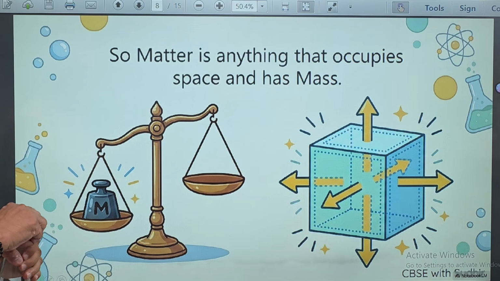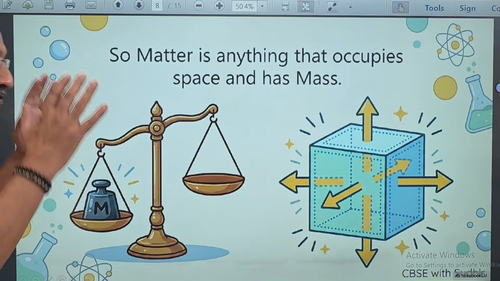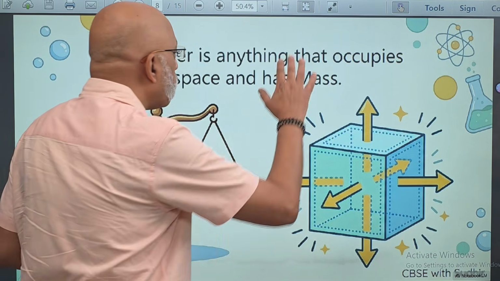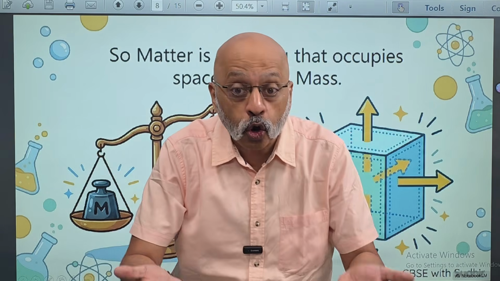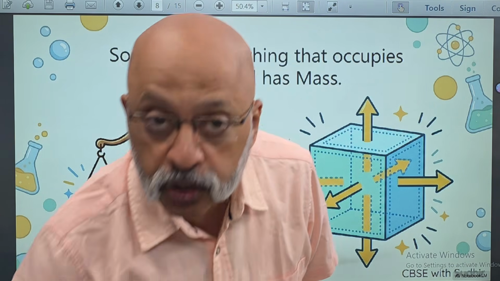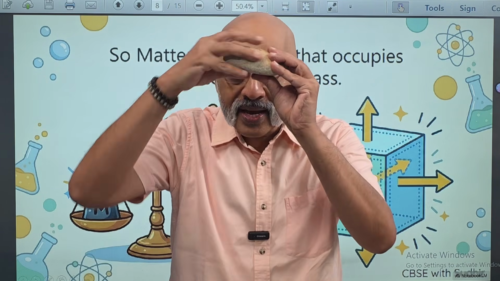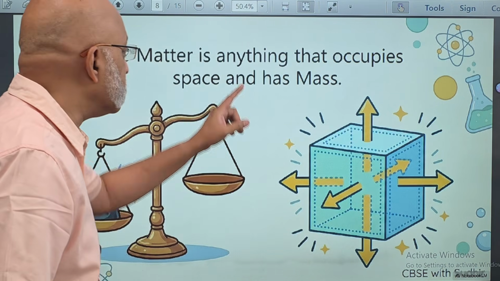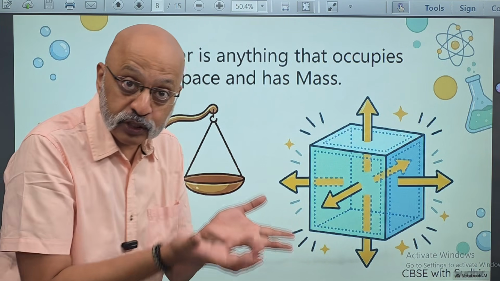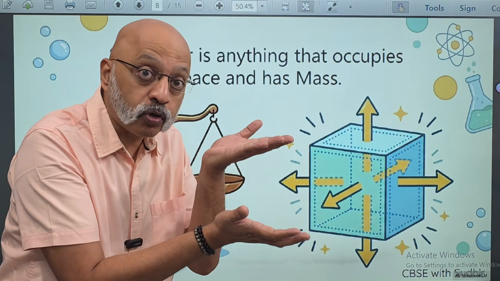So matter, if I have to look at the definition of matter, matter is everything and anything that occupies space. Water occupies space. Air occupies space. This particular stone is occupying a certain space, right? Similarly, anything that occupies space and has mass, which means it has a certain amount of weight.